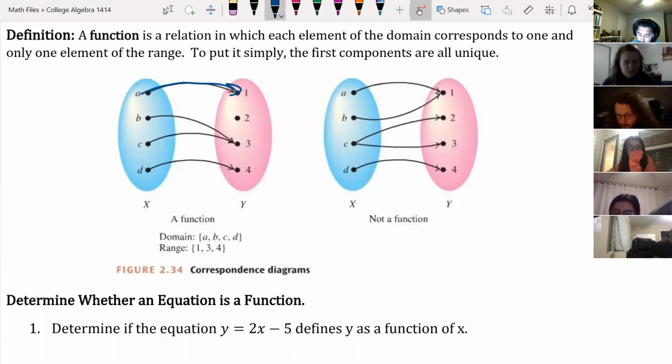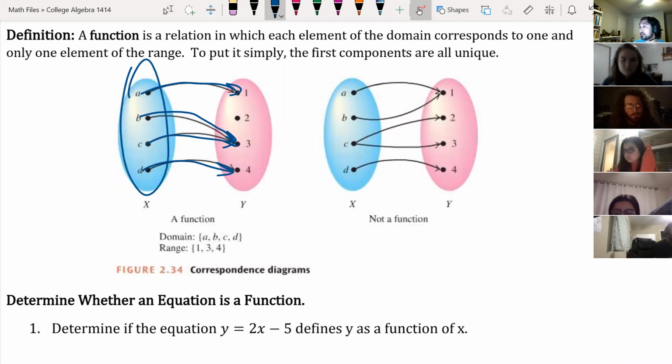So A goes to 1, B goes to 3, C goes to 3, and D goes to 4. So what we see is that every X value in my domain goes to one and only one element in the range. And it is okay if multiple X values share the same Y value.